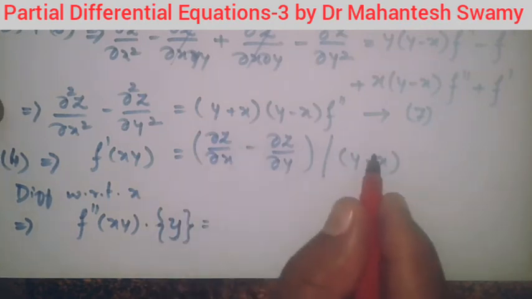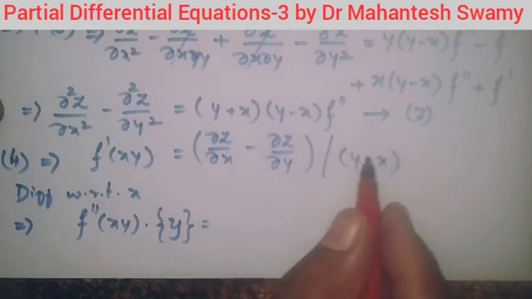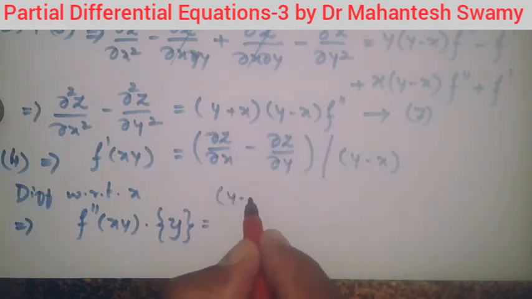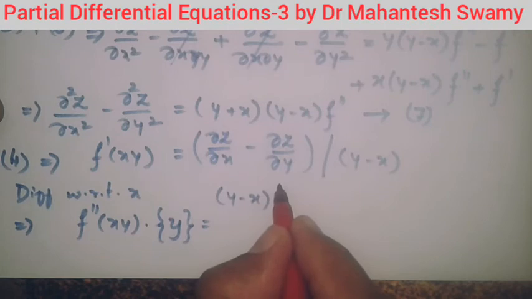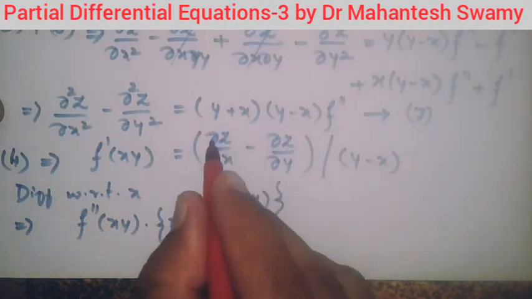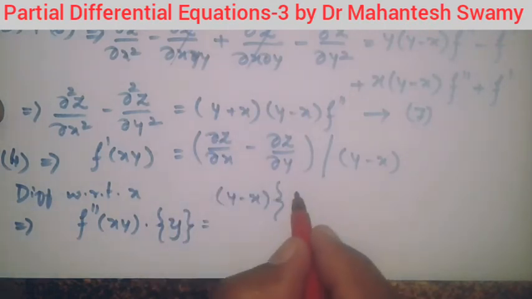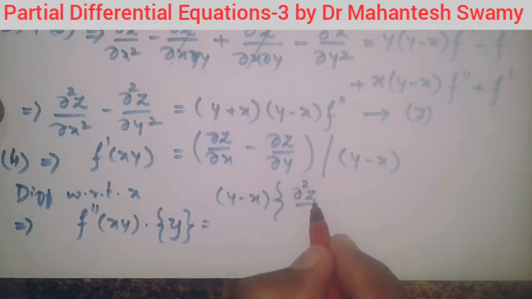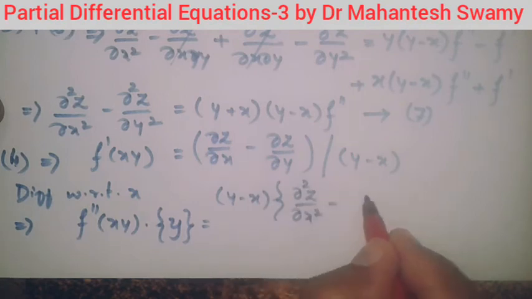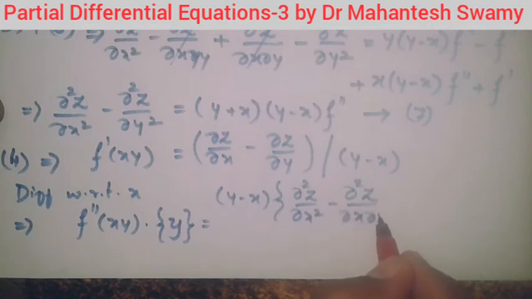Now on RHS we have to apply the quotient rule, keeping the denominator, that is y minus x, as it is. Differentiation of the numerator with respect to x is going to be ∂²z/∂x² minus ∂²z/∂x∂y.